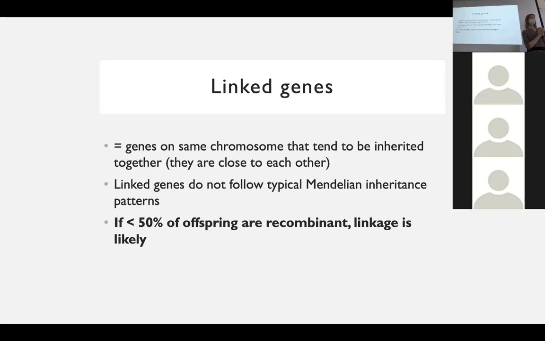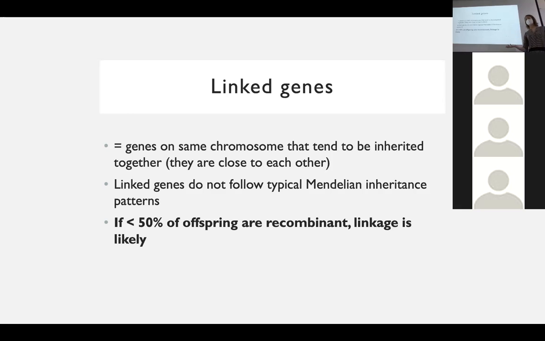So a general rule of thumb is if you look at the number of recombinant offspring, or the frequency, if less than half of them, so less than 50%, are recombinant, linkage is likely. So you would expect, like I showed you on that first slide with the pea plants, totally randomly with no linkage, half of the offspring would be parental type and half would be the new combination, the recombinant offspring.